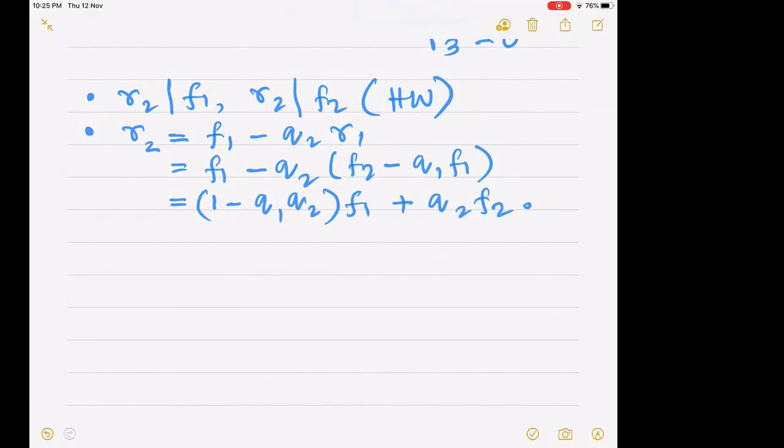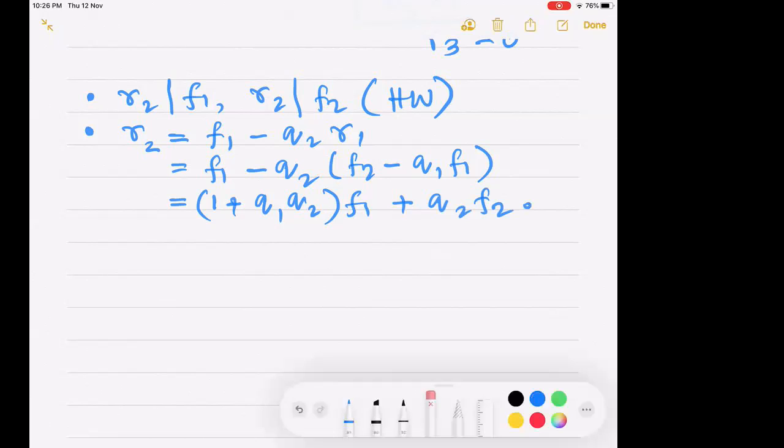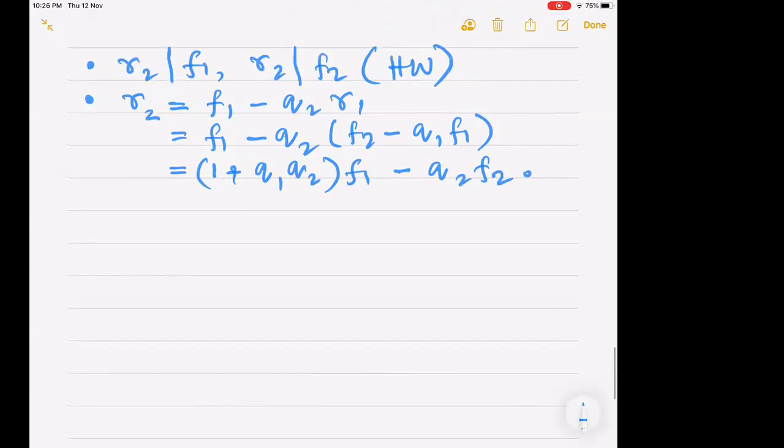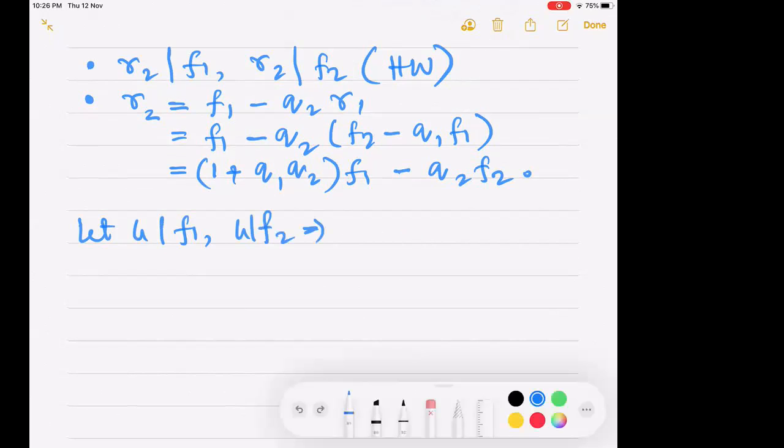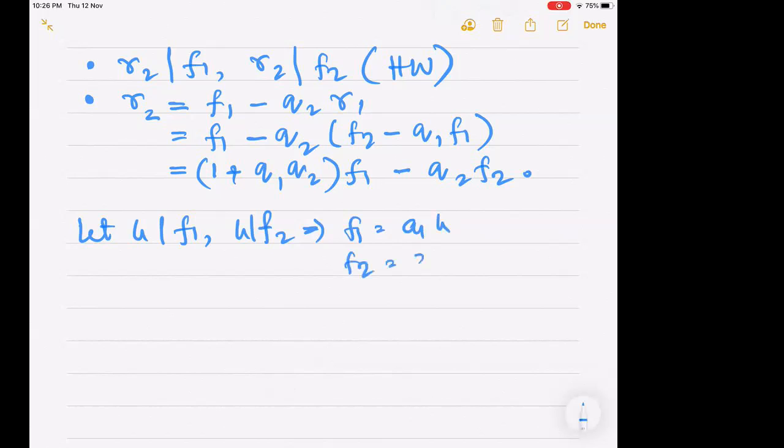Right, I made a mistake here. This is 1 plus Q1 Q2 times F1 minus Q2 times F2, right? So suppose from this, once again, if H divides both F1 and F2, this would mean F1 would be equal to A1H, and F2 would be equal to A2H.